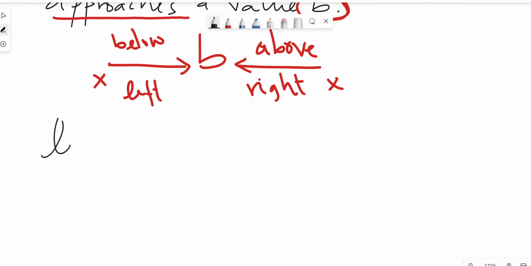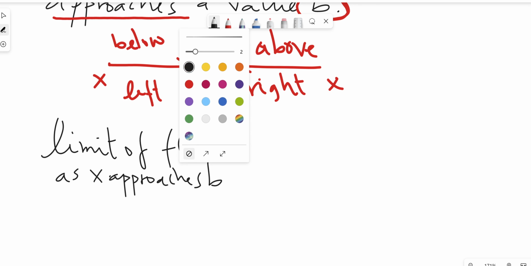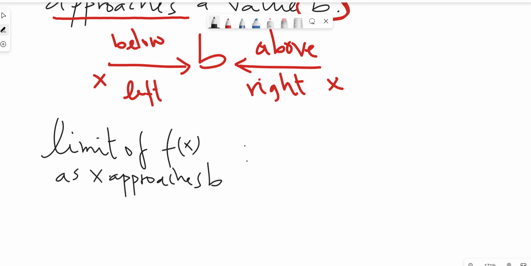So we talk about the limit of f of x as x approaches b, and we use this notation for that purpose.